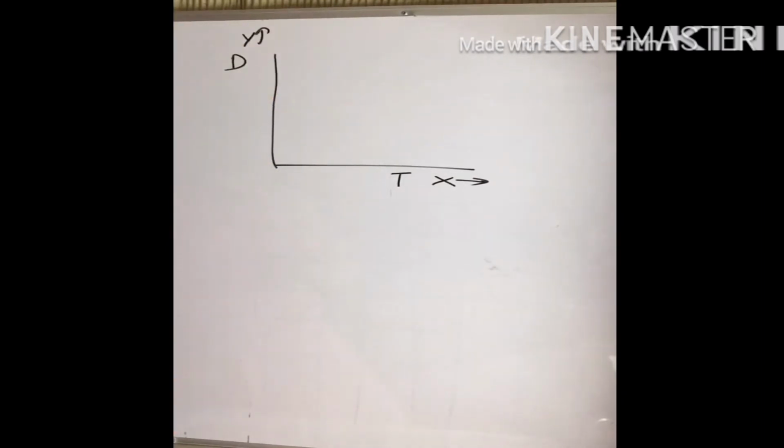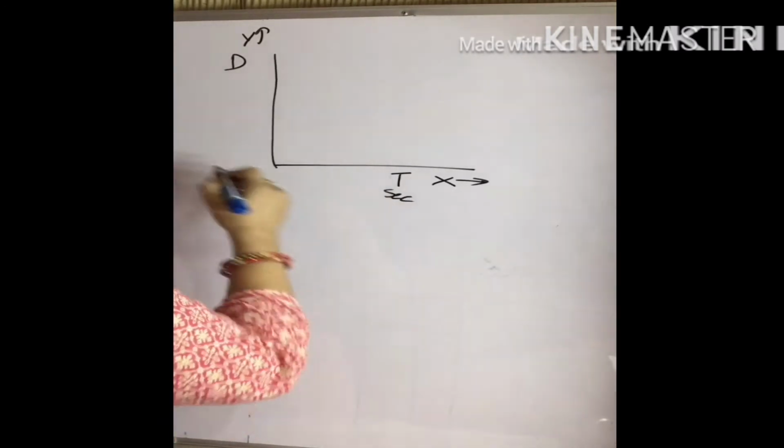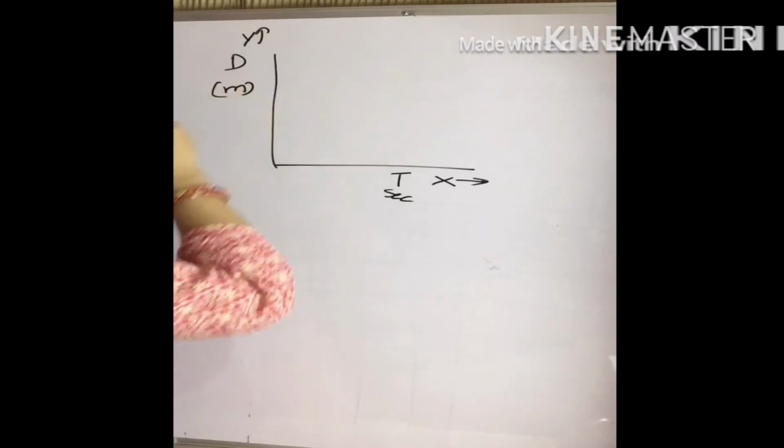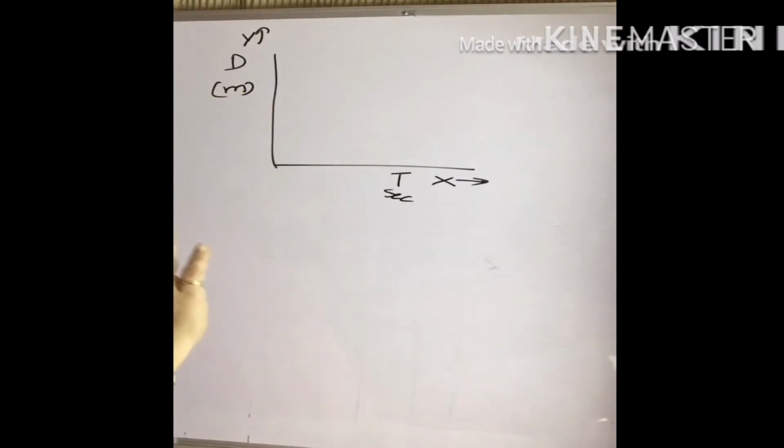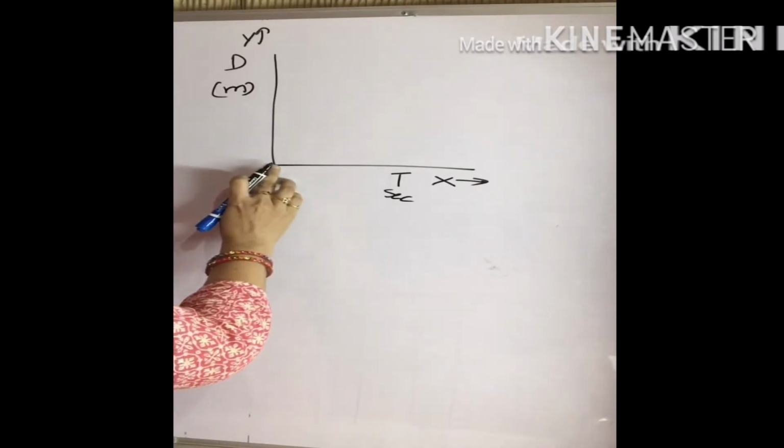And I need not say, always take them in SI units. Time is in seconds, distance is in meters. Last time, using the graph paper, I explained systematically. I think you remember. If you do not remember, see motion chapter part 3.